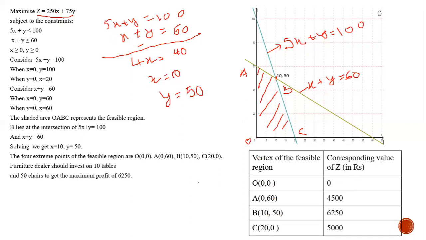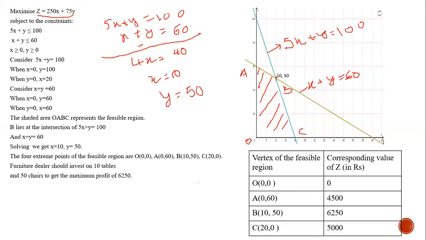Let us put x = 0 and y = 0. So the value of z would be 0. In the next case, let us take x = 0 and y = 60. So 75 into 60, we would get rupees 4,500. Similarly, for the third corner point, let us take x = 10 and y = 50 in this objective function.